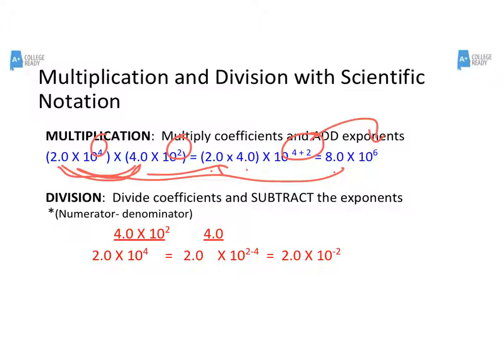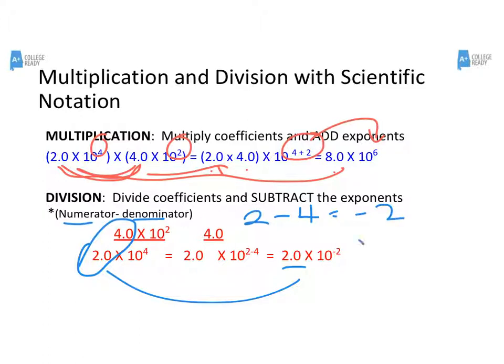When you're dividing, you want to divide the two coefficients. So 4 into 2 is 2, and you want to subtract the exponents, numerator minus denominator. My numerator is 2, my denominator is 4. That yields me a negative 2, and so the answer is 2 times 10 to the negative 2.